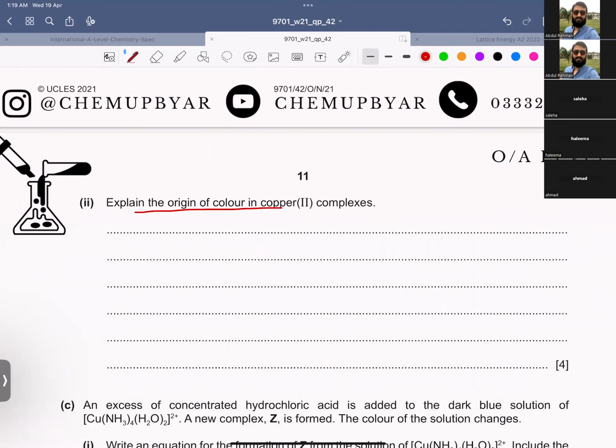Explain the origin of the color in copper 2 complexes.